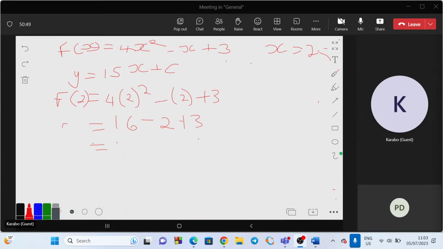Okay, so I see. 4x squared minus, okay, plus that.